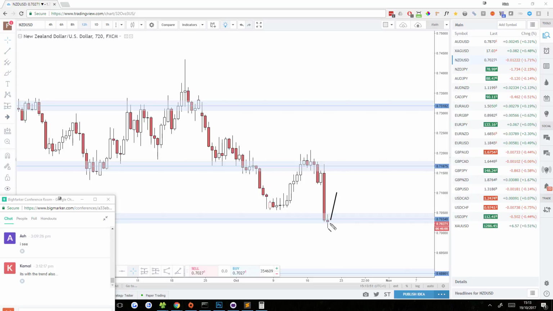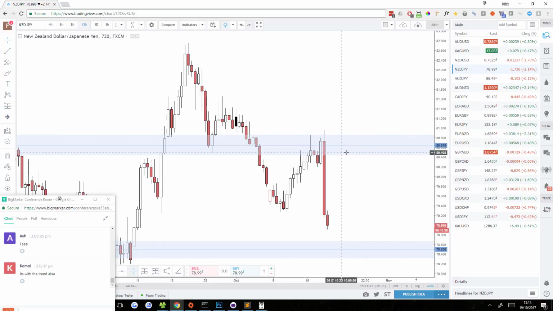I'm going to keep a close eye on this 12-hour candle, see how it closes. I wouldn't be expecting this retrace to go all the way back up to the resistance area, but I wouldn't be surprised if we get a bit of a minor retrace and we can just snag a few, 1.5R, something like that. So keep a close eye on New Zealand USD for a potential retrace.